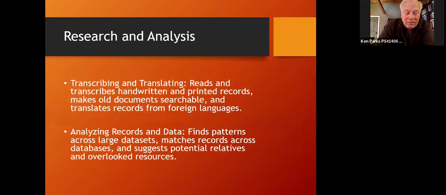You can again get a record from Ancestry or MyHeritage or Roots Ireland or wherever, and transcribe and translate it just as you can do on full text search. You can translate from foreign languages.